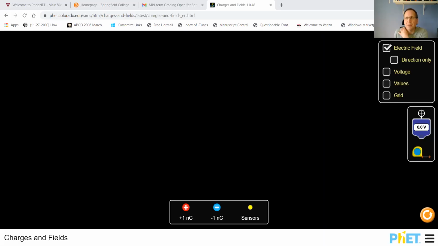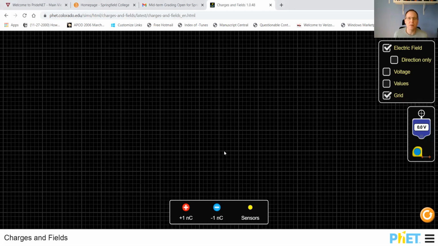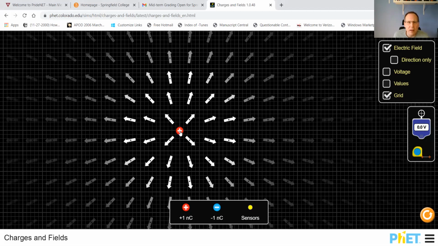Okay, so here's the simulation. What I would do is turn on the grid, right? And then if we place a charge at some location, if there's just a single charge, we can call that 0, 0, just to make things easy. So let me place this +1 charge right in the center here, right around 0, 0.